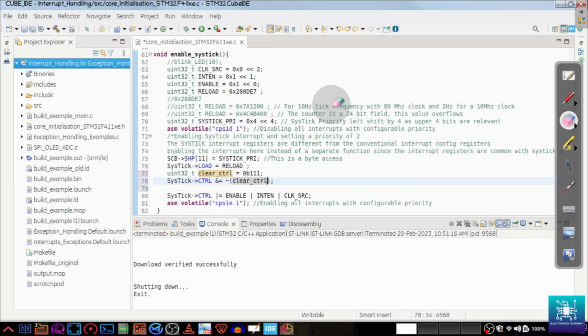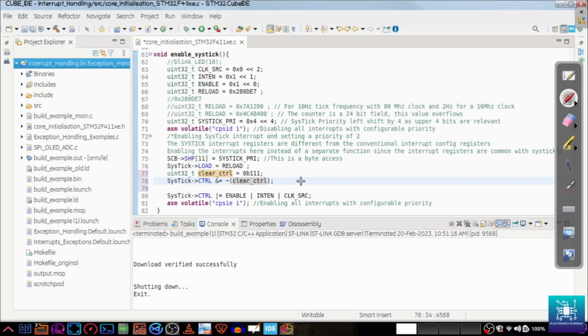Of course, the downloaded code that you are going to see will have these bit fields cleared properly. But this is a good lesson and a reminder for all of you to be careful about these bitwise operations.